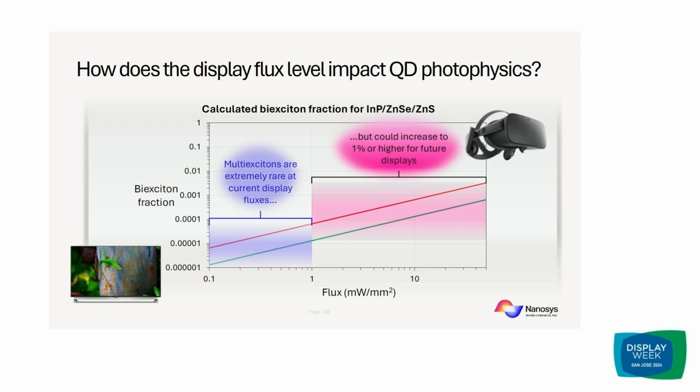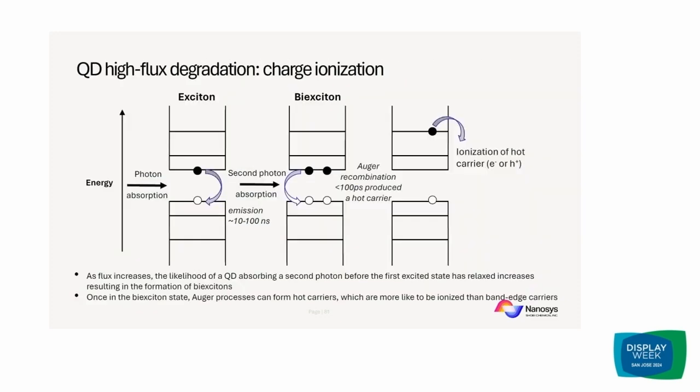On this graph, I'm showing the likelihood that something known as a biexciton forms in your system. It's something that we haven't discussed yet. So what is a biexciton or a multi-exciton? What I've described so far in terms of photoluminescent applications is that blue light comes in, excites the system, you have an excited state electron and a hole, and those recombine radiatively to emit a photon.